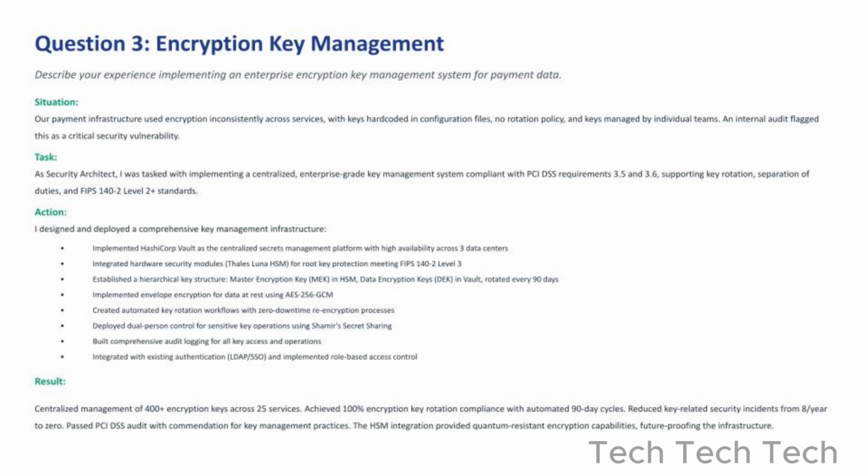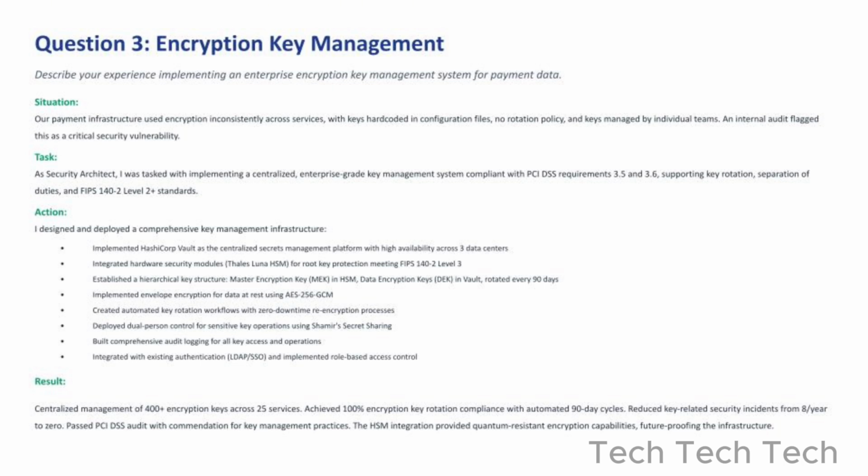Deployed dual-person control for sensitive key operations using Shamir's secret sharing. Built comprehensive audit logging for all key access and operations. Integrated with existing authentication, LDAP SSO, and implemented role-based access control.